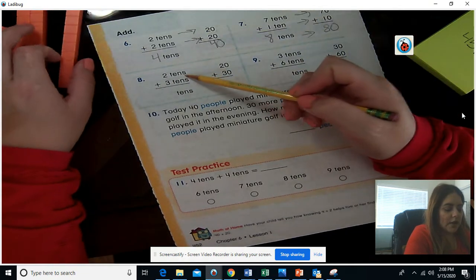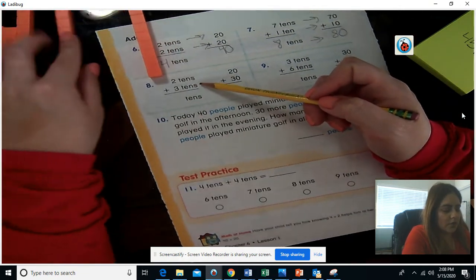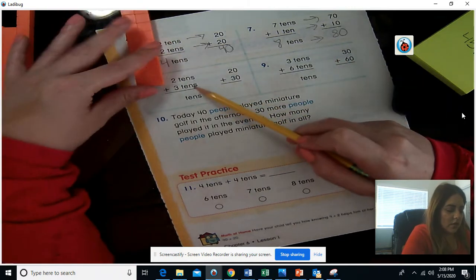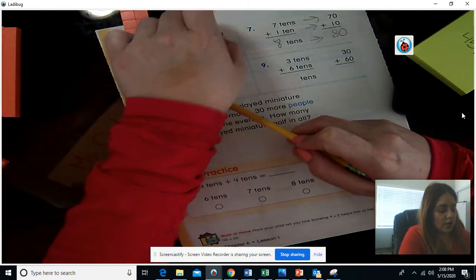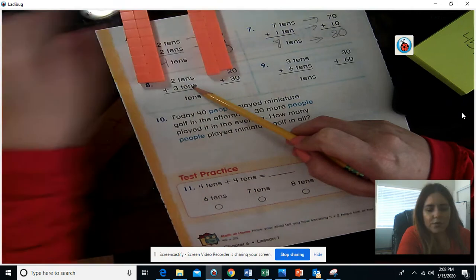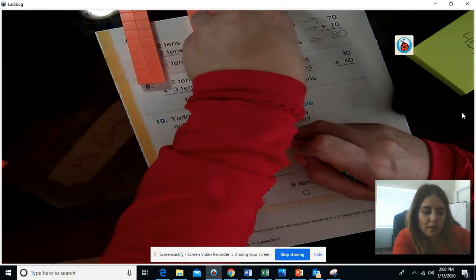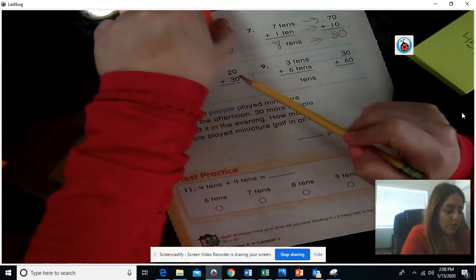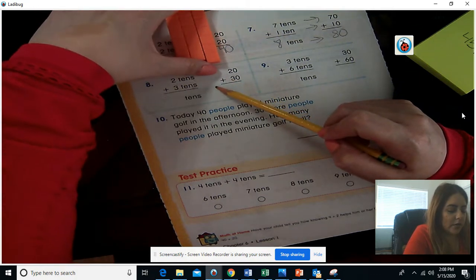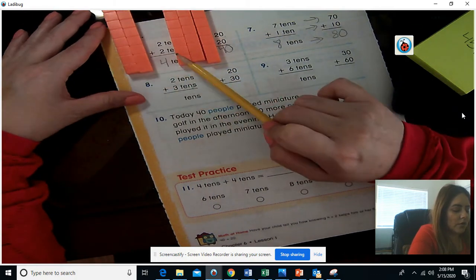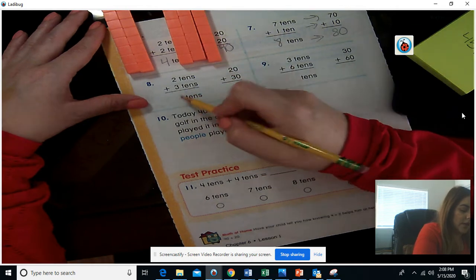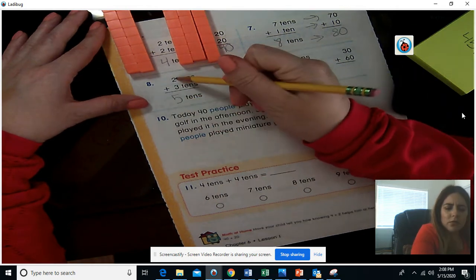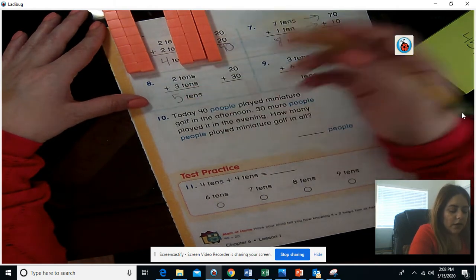Okay, 2 tens. 1, 2. Plus 3 tens. 1, 2, 3. How many tens are there? There are 1, 2, 3, 4, 5 tens. 2 plus 3 equals 5.